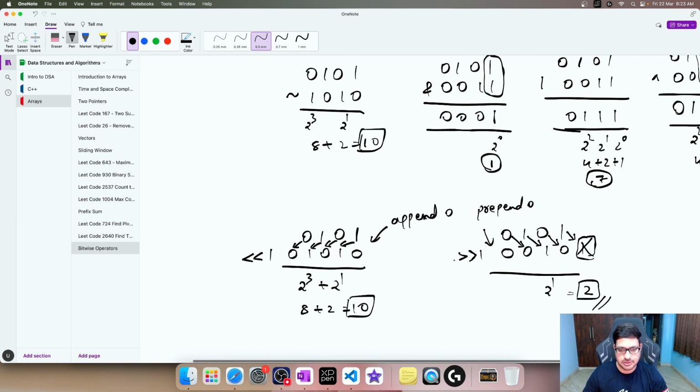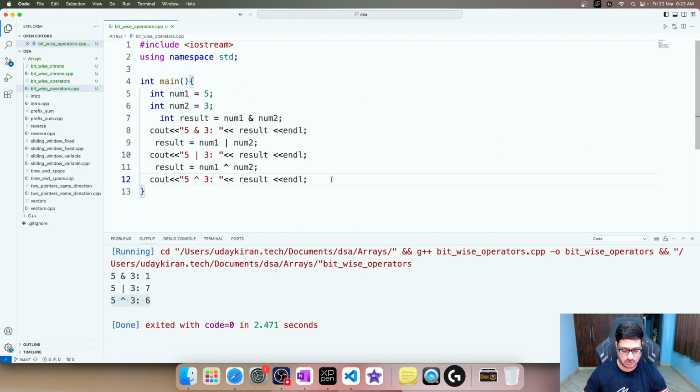Now let's do left shift and right shift. So let's do cout left shift 5 by 1 bit. So we have num1. Actually, let's save this in some other variable. Result equals num1 left shift by 1.